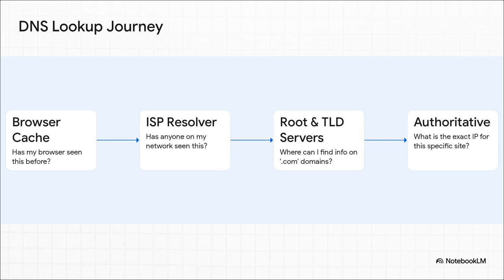Your browser doesn't just immediately shout out to the entire internet. No, first it checks its own memory, that's the browser cache, to see if it's been there recently. If not, it asks around locally, on your network. Only then, if it still comes up empty, does it go on this bigger quest to find the one server that has the definitive, authoritative answer. It's this really smart, layered system designed to be as fast as possible.